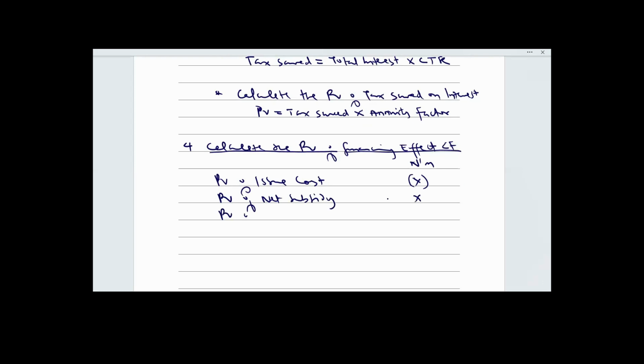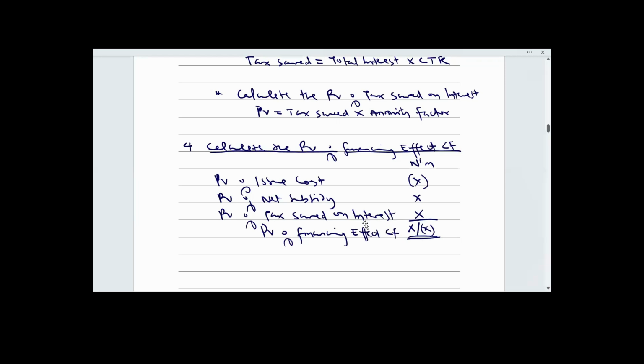Then finally, PV of tax saved on interest, also a cash inflow. So you add everything together. It could be positive or negative. So this will represent the PV of financing effect cash flow.